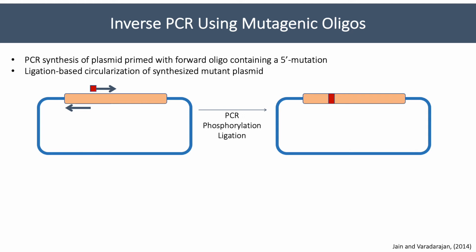You simply prime a PCR reaction with an oligo that contains a 5' mutation, such as a degenerate codon, for instance. And the second reverse primer is immediately flanking the other one just in the opposite direction. So after PCR, you essentially create a linear plasmid that you just phosphorylate, ligate, and transform.